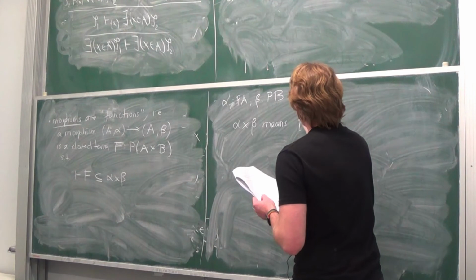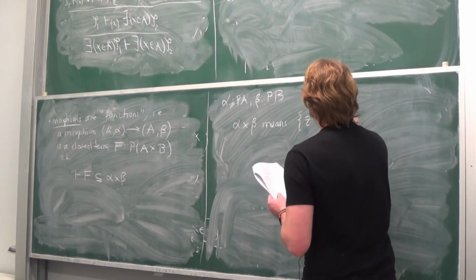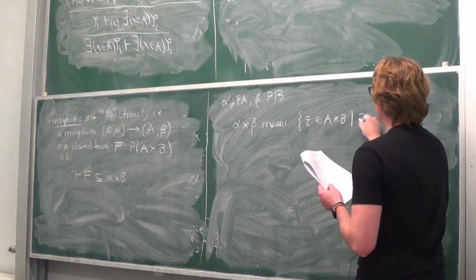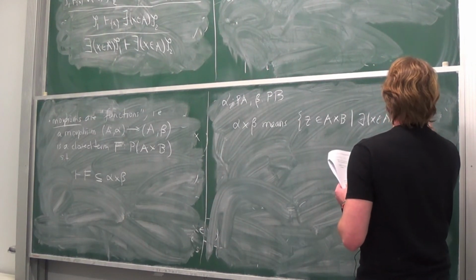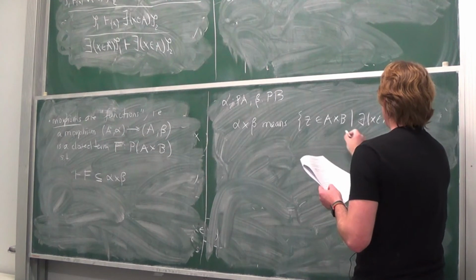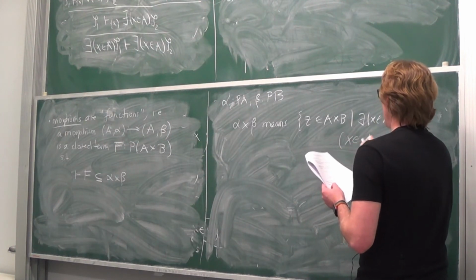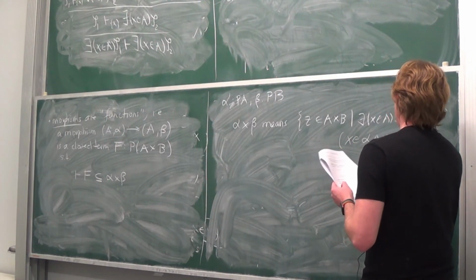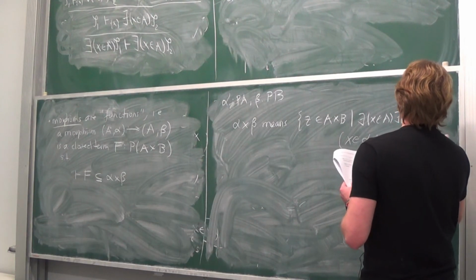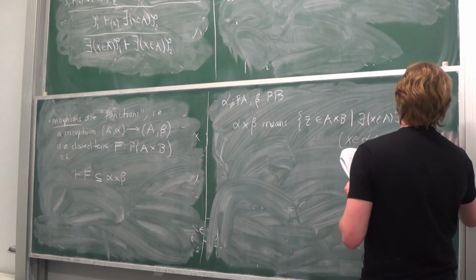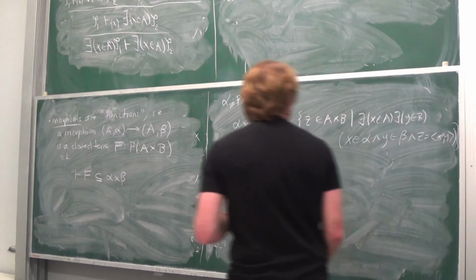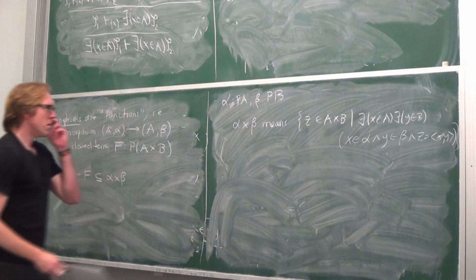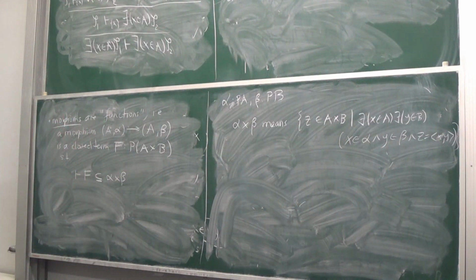It is the set of z in A cross B such that there exists an x in A and there exists a y in B such that x is in alpha, y is in beta, and z is the pair (x, y). So that is a term of type P(A cross B).